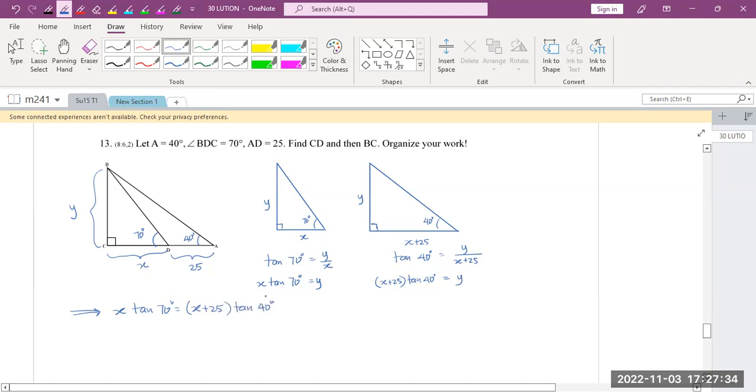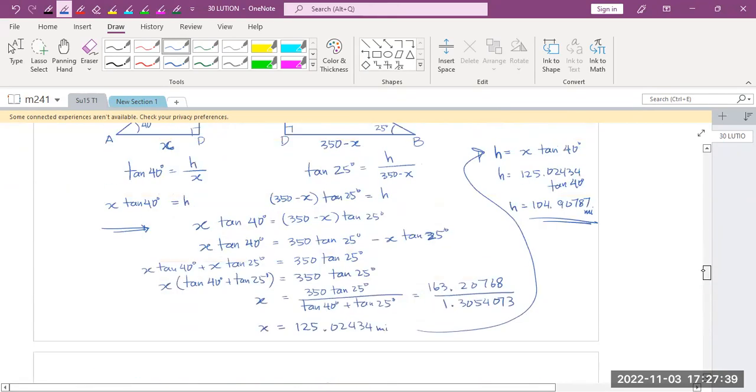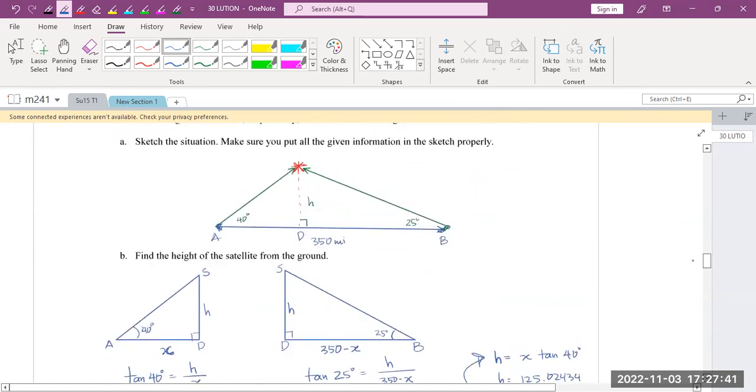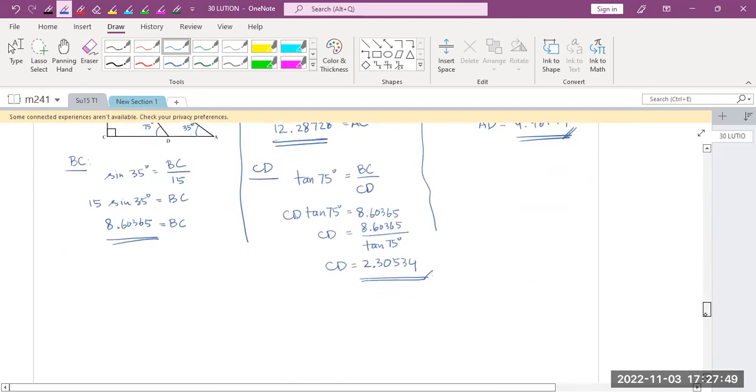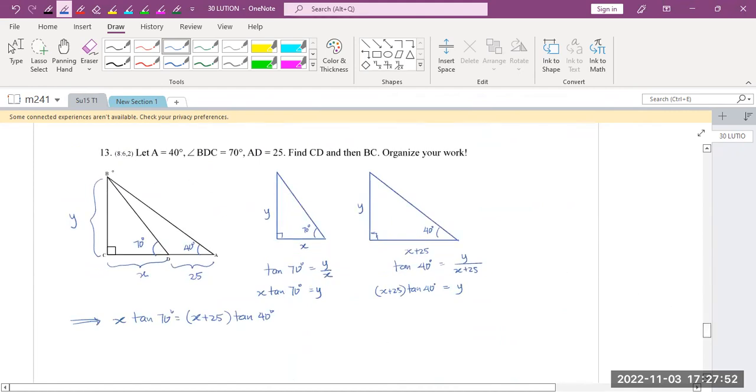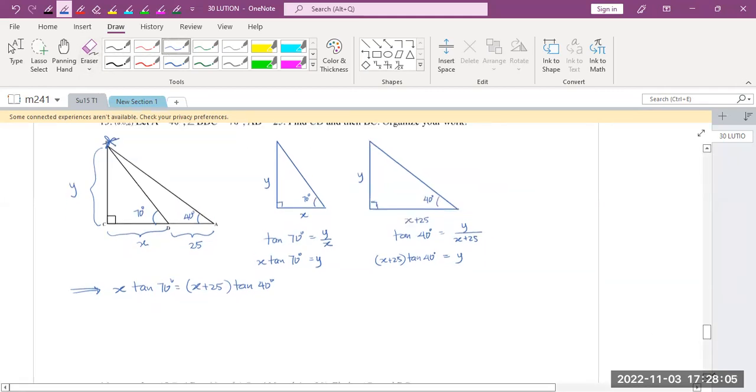If you remember, we actually did a similar question, like the satellite problem, right? The difference is that in the satellite problem, the satellite is in between. Now here, if you call this B the satellite, then the satellite is not in between A and D. But the way we work that out, we still try to find the right angle in which they share something.